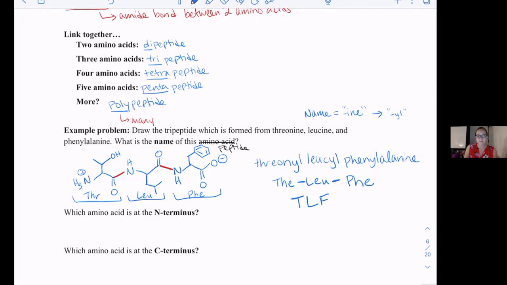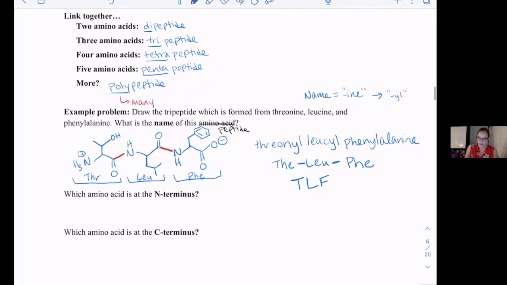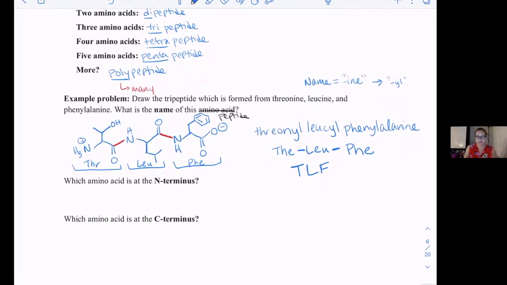Okay, so which amino acid is at the N-terminus? So this is a new vocab word. N-terminus means that it's the amino acid with the free amine. So it has that NH3.